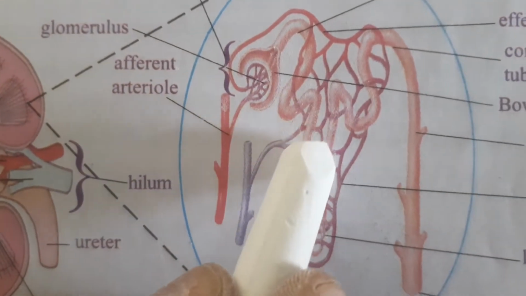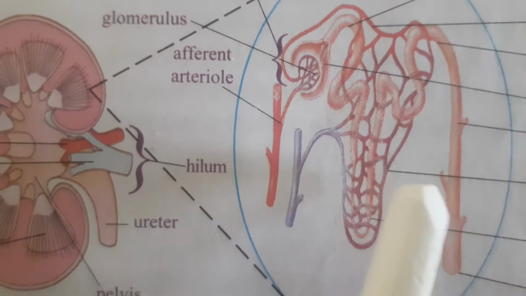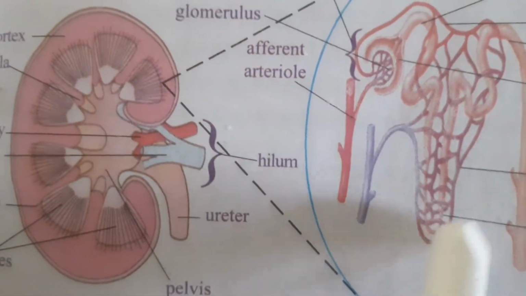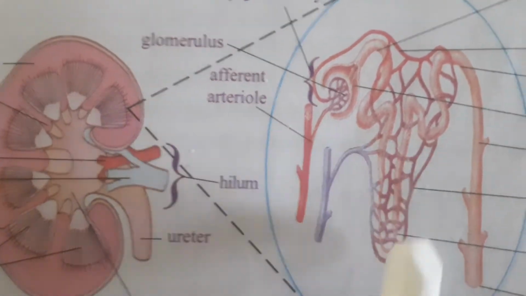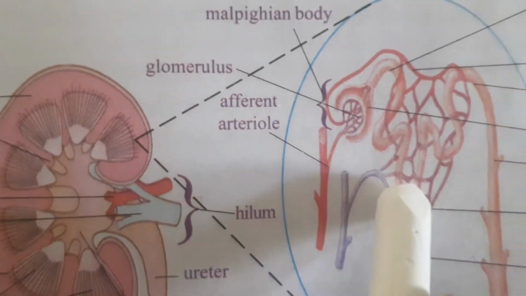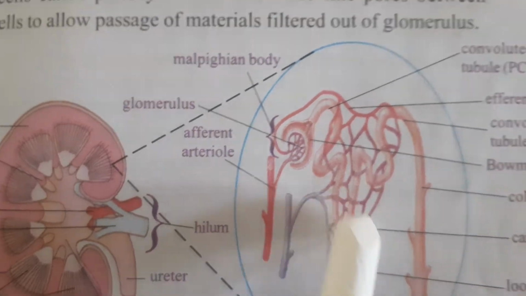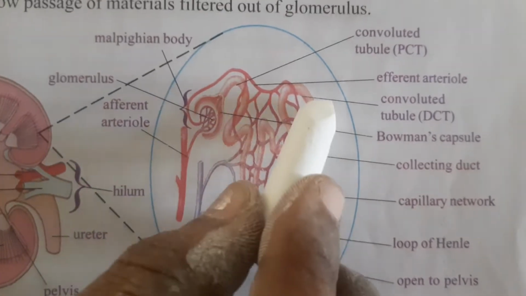These are the PTC, peritubular capillaries, which are throwing waste materials into the loop of Henle, and from the loop of Henle the secretory substances enter the collecting duct. So the next region is the collecting duct.